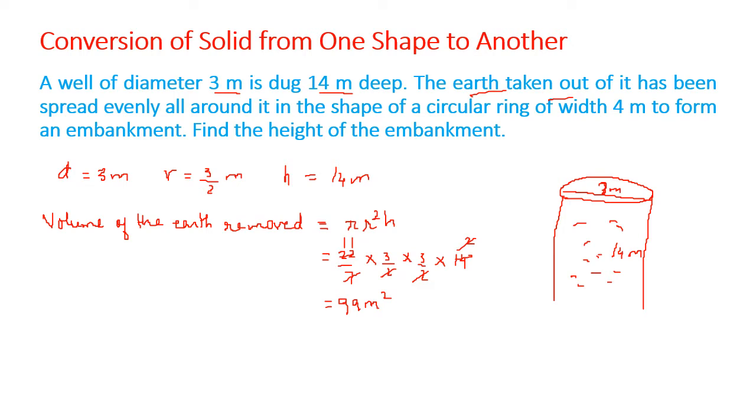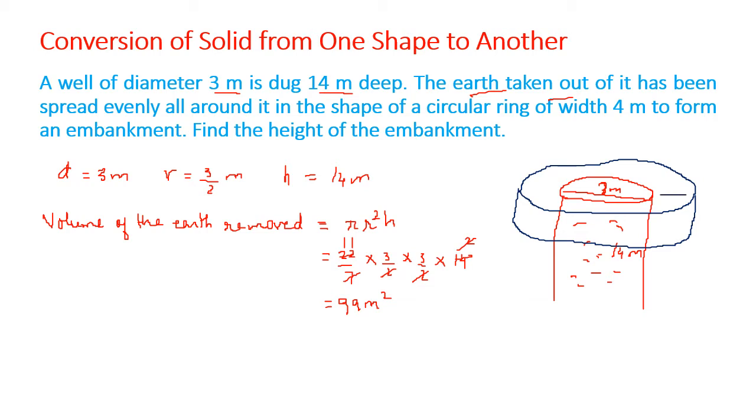Now what is done with the earth? It is spread evenly in the shape of a circular ring. So all the earth which is removed is now made into a circular ring around the well, whose width is 4 meter.